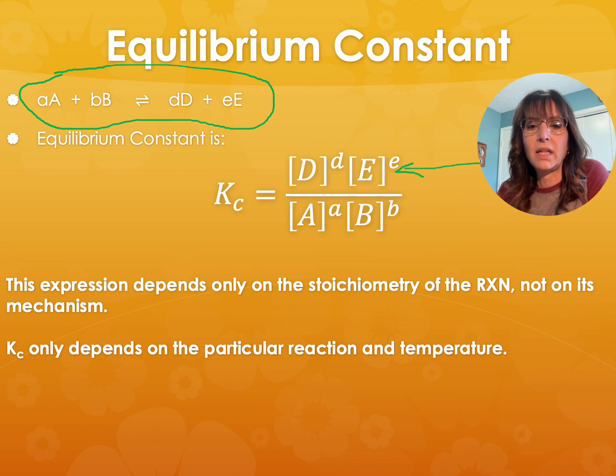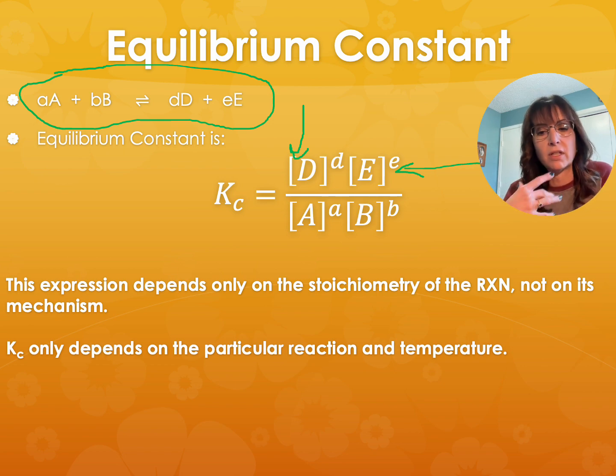And you take whatever the chemical is and the coefficient becomes the exponent. Kc only depends upon the reaction and the temperature and not the mechanism. Remember that we use brackets to show molarity, and there is no label for K.